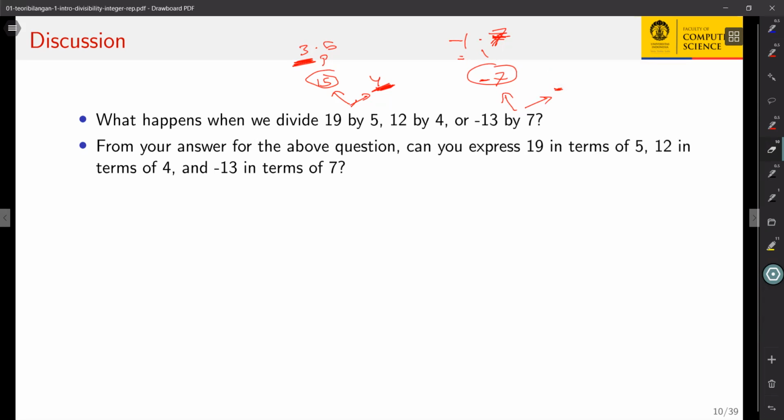Okay, so let me do a similar thing here. 1 is the remainder, and what will be the other number? Minus 2. Why? Minus 14 plus 1 is minus 13. Correct. So minus 14, and from here we get minus 2 times 7, right?